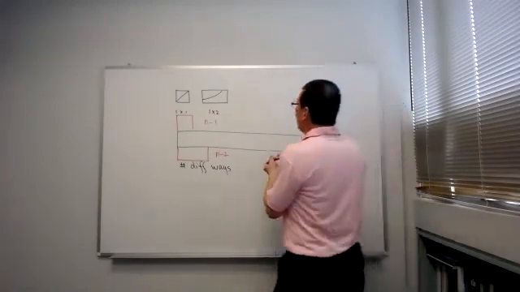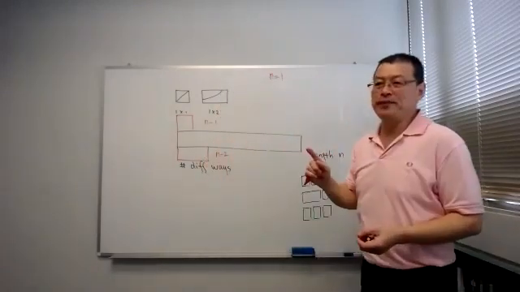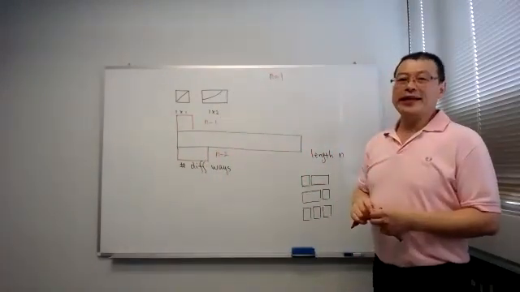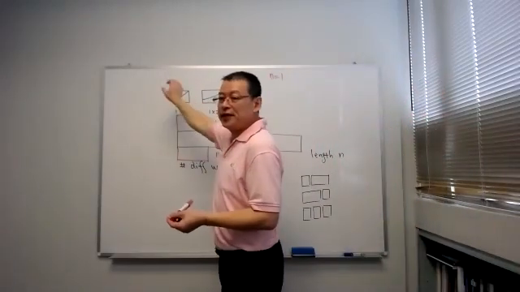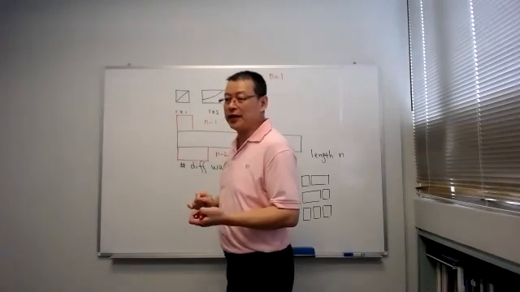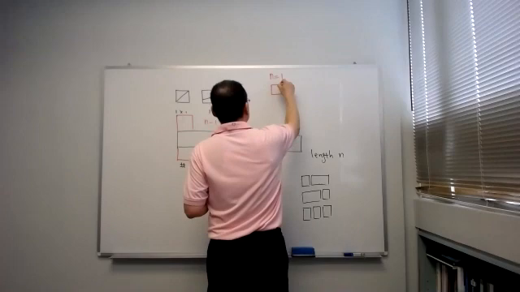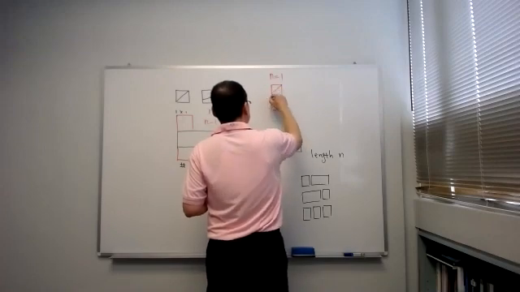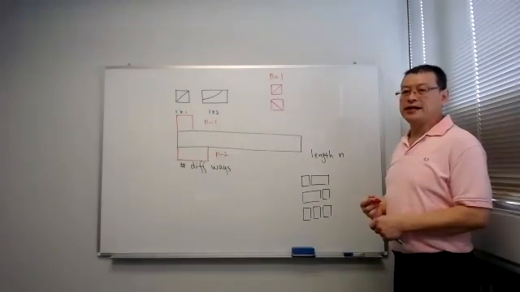Now for n equal 1, initially there's only one way, but now there can be two ways. The tile can be used this way, or we can rotate it 90 degrees, which gives us two different patterns.